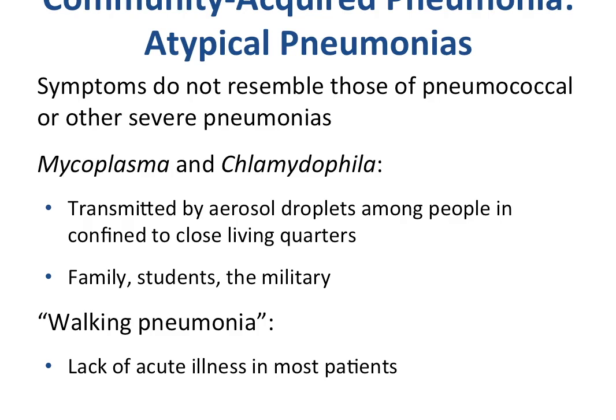Transmission route is also through respiratory droplets. This can happen in families, students, military. This is also called walking pneumonia because the symptoms are mild. The patient may not have a fever, may have some cough. However, it's not a lot.